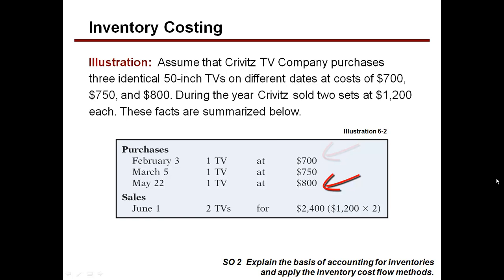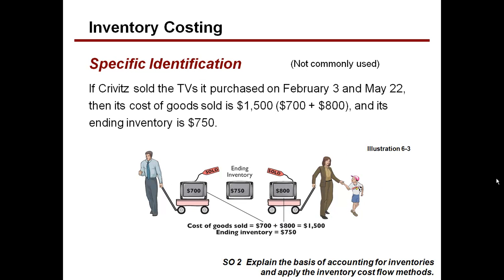So with that knowledge, that is specific identification, the cost of goods sold is determined to be $1,500. Ending inventory is the remaining unit that was purchased but unsold on March 5th at $750.